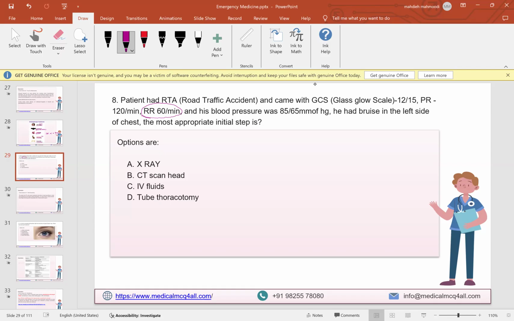What is going on? Generally, in any patient with a major trauma, like in this case, what you do has 4 steps. Step 1, primary survey. Step 2, resuscitation.